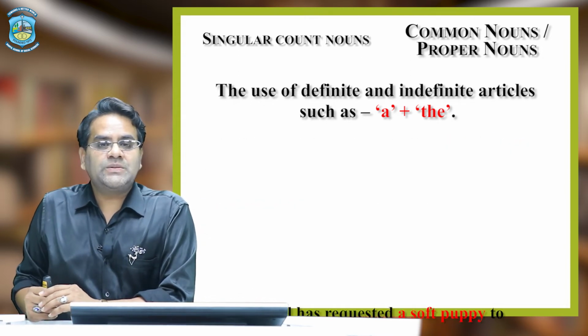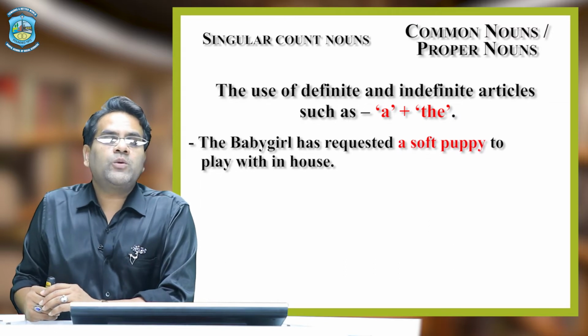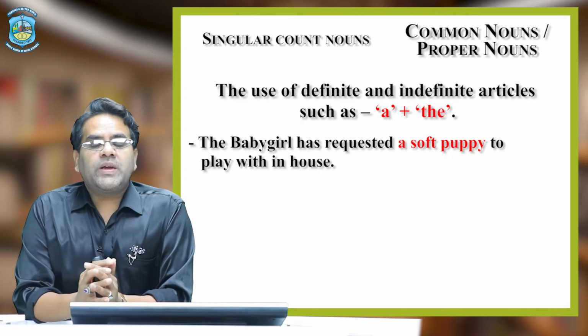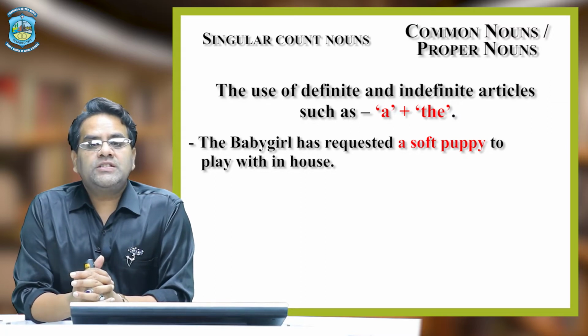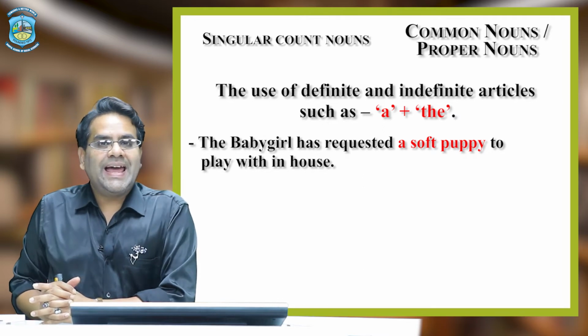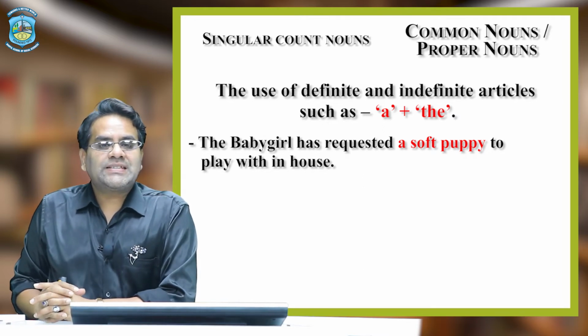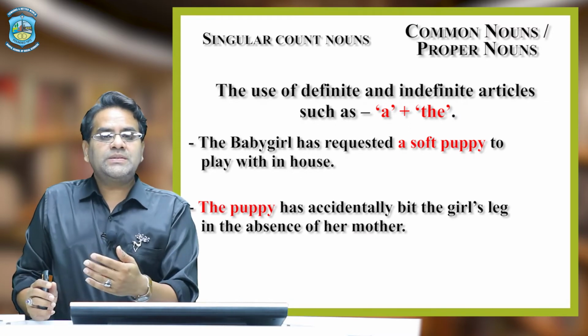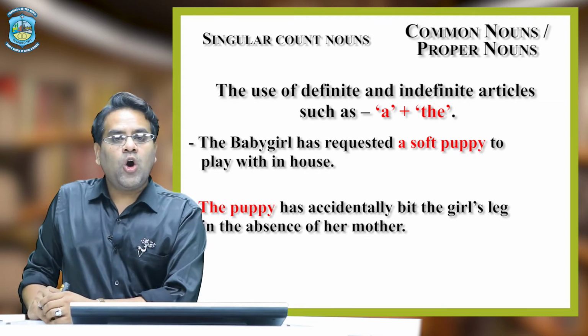In the next sentence, we'll again be focusing on the use of the common noun. "The baby girl has requested a soft puppy to play within the house." And now the end statement: "The puppy has accidentally bit the girl's leg in the absence of a mother." Again, in the sentence above, we were talking about the common use.